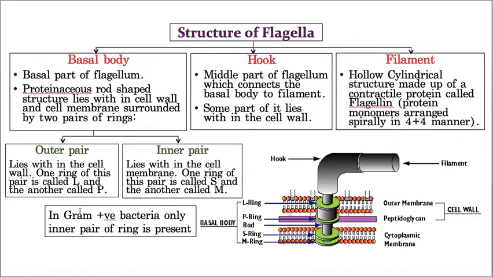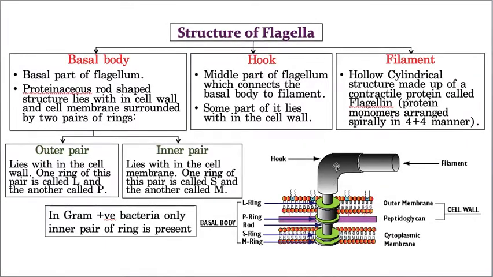A very important question: in gram positive bacteria, only the inner rings, S and M, are present, and the outer rings, L and P, are absent. In gram negative bacteria you can see both pairs of rings.